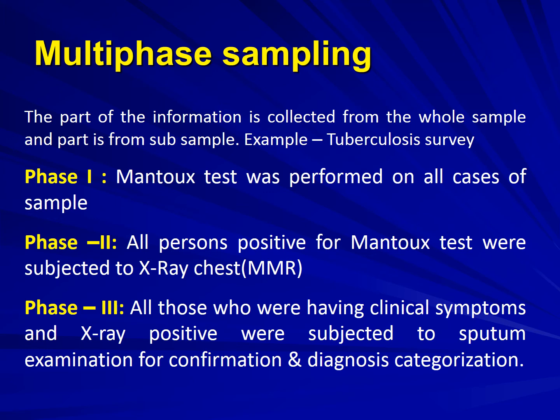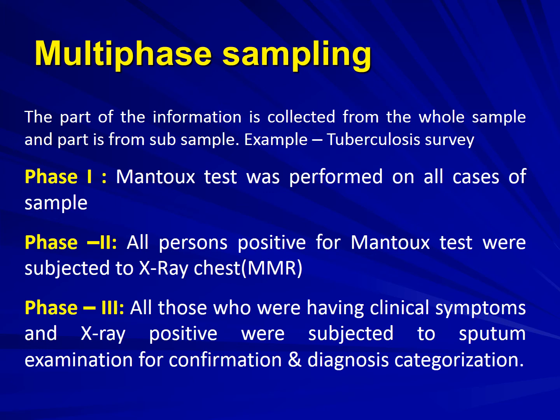So let's understand with the help of the tuberculosis survey example. In the tuberculosis survey, in the first phase we will conduct a Mantoux test on all cases of the sample. So suppose there are 100 persons; in the first phase we perform the Mantoux test on all 100 persons.